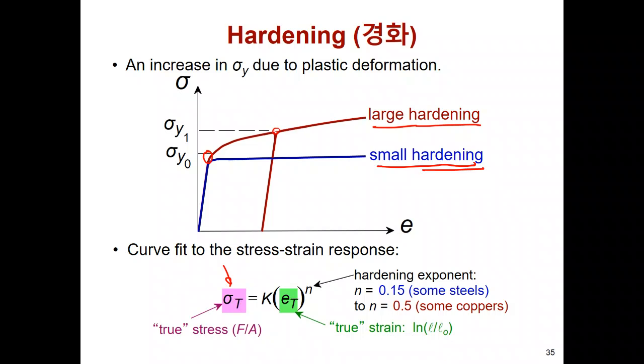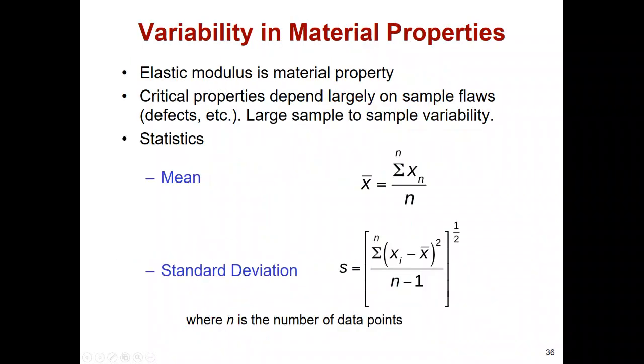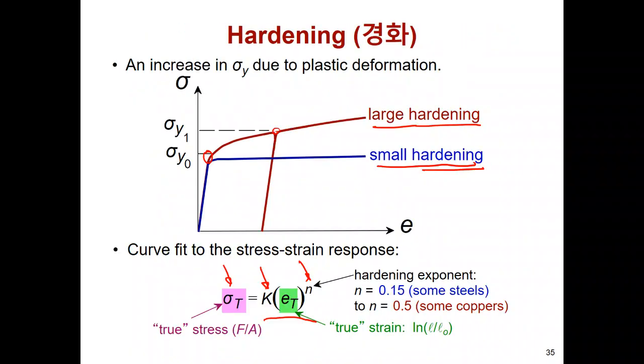true value, so that hardening can be expressed by a mathematical relationship where K is a proportional coefficient and n is the power value. These fitted values can be determined empirically.